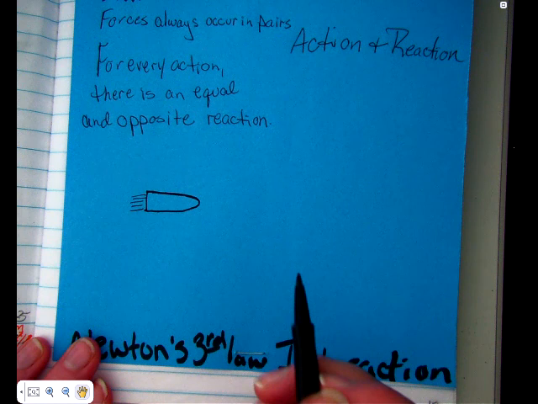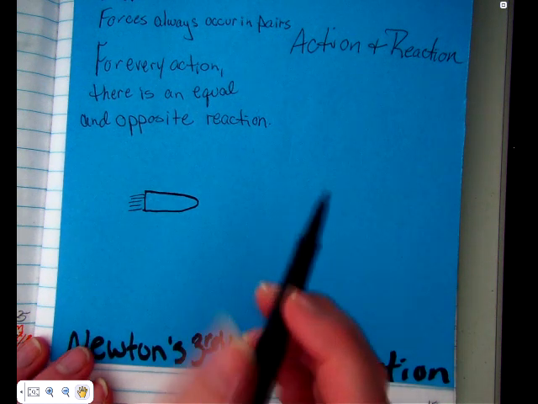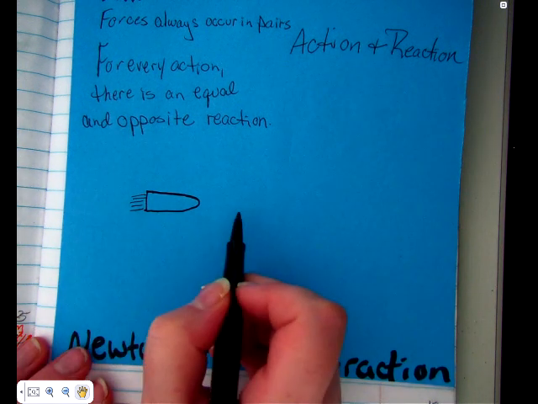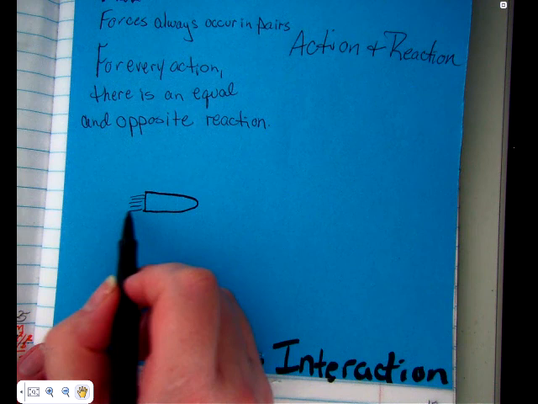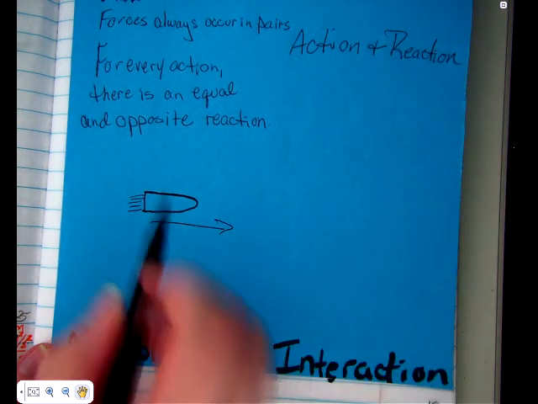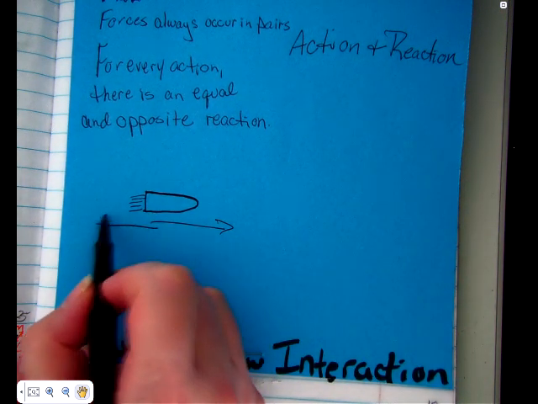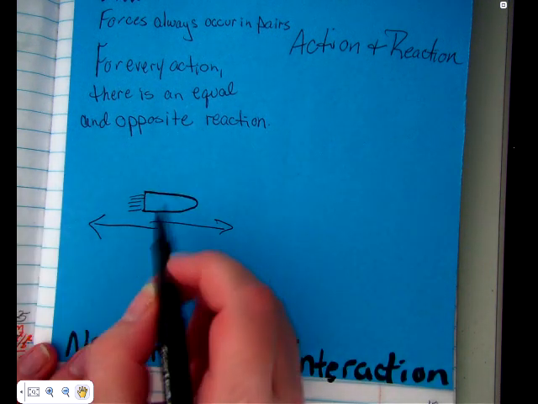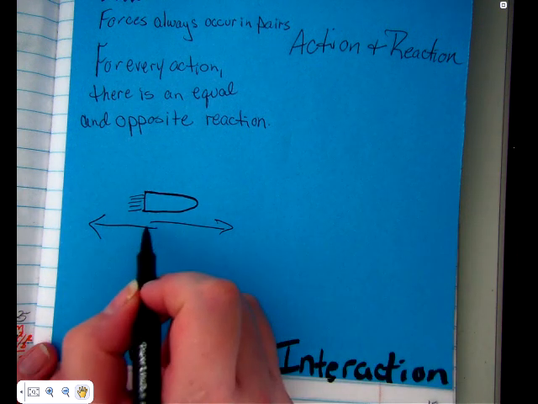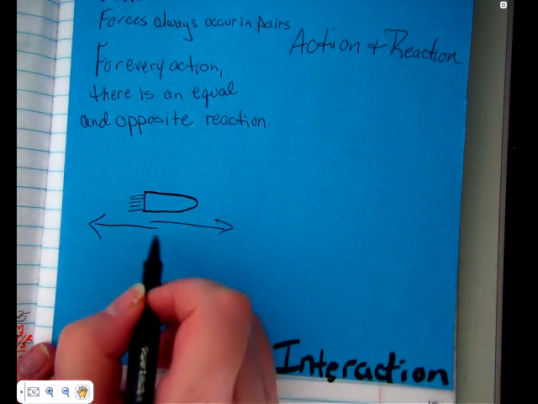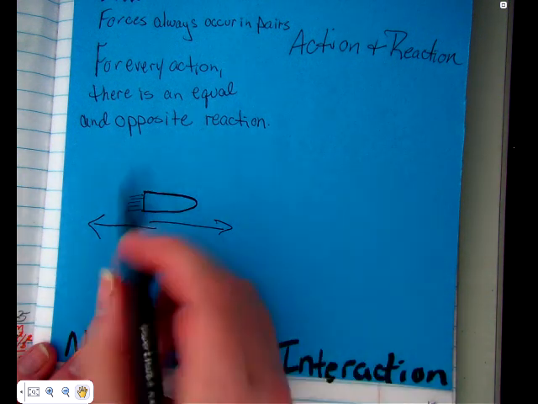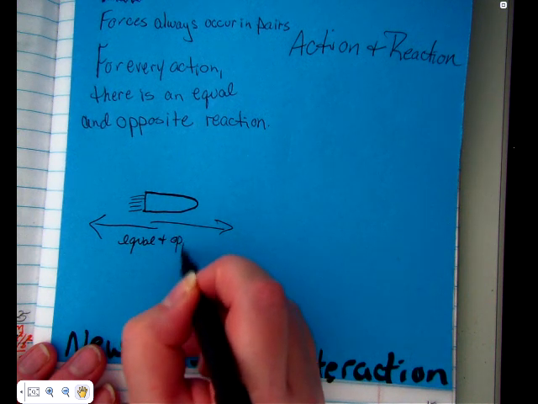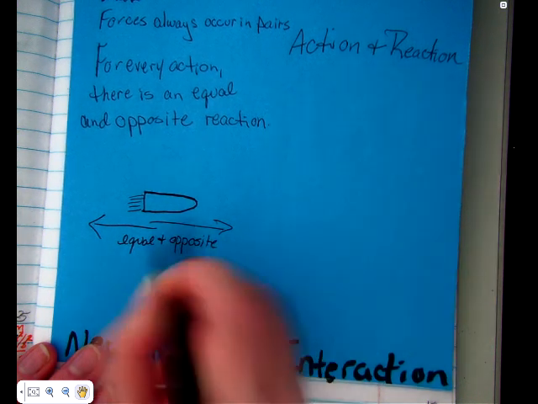This is supposed to be like a bullet, okay? And the force that caused this bullet to go in this direction, there was also a reaction force once the explosion occurred. So there's always a forward movement, but the reaction force is equal. These are equal and opposite reaction forces.